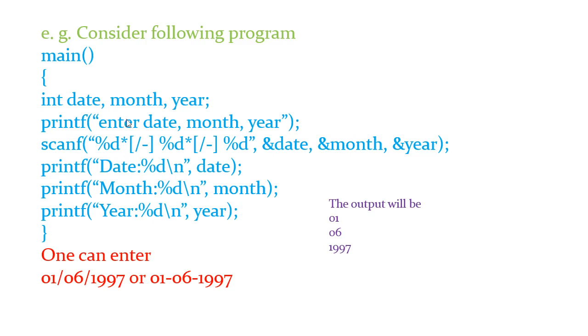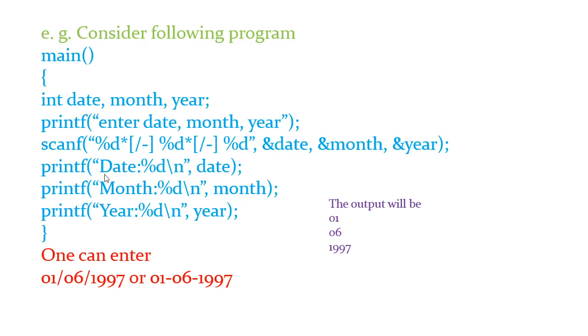So this is a simple program for integer date, month, year. You have to enter date, month and year with scanf %d. So this is a specified character, which allows either this or this. Again this character allows this slash or dash, and so on, for date and month and year.